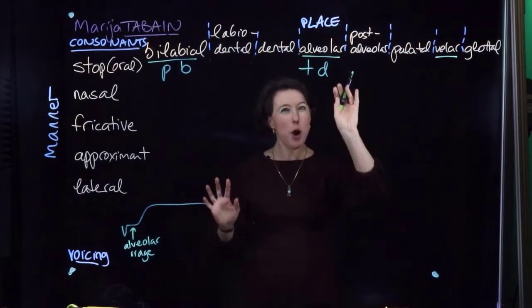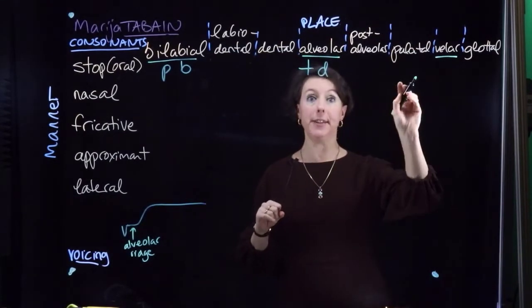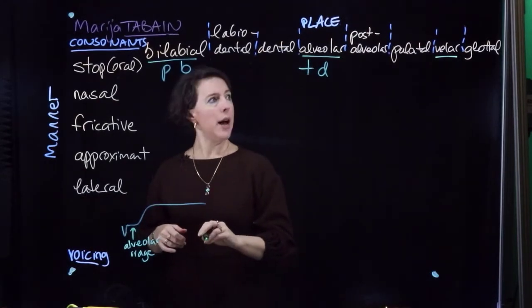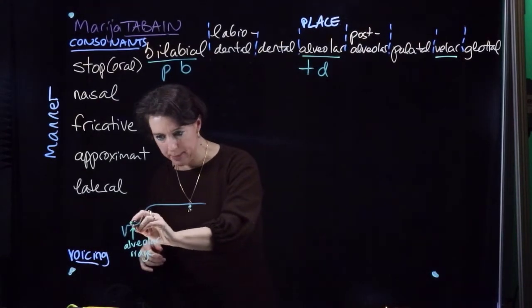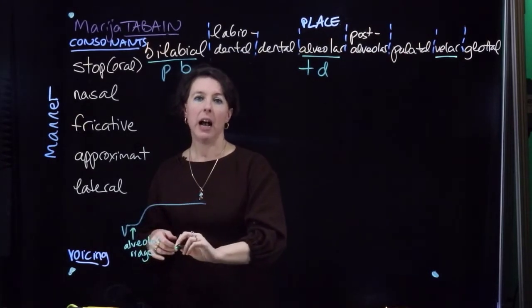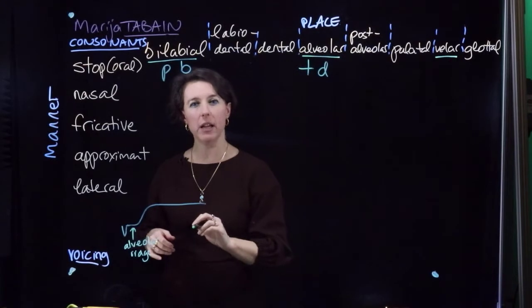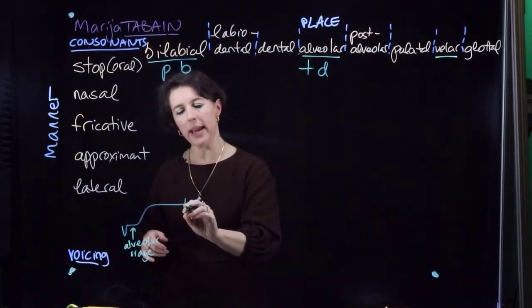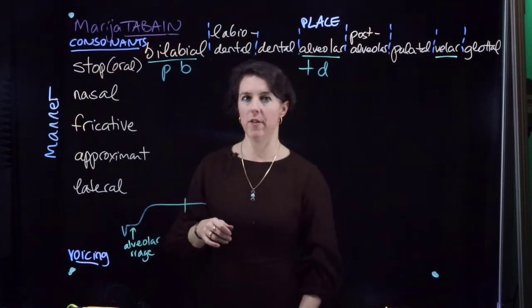And then, as I said, the third main place of articulation is velar. And so here, velar. Okay, if we kept going back along the roof of our mouth, at a certain point you should feel that it stops feeling bony and it starts feeling very soft along the roof of the mouth.